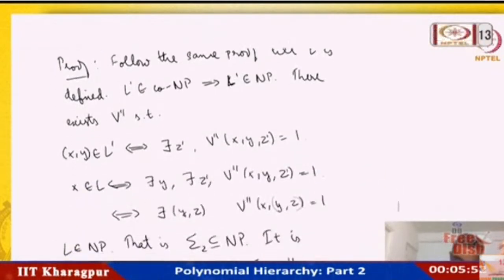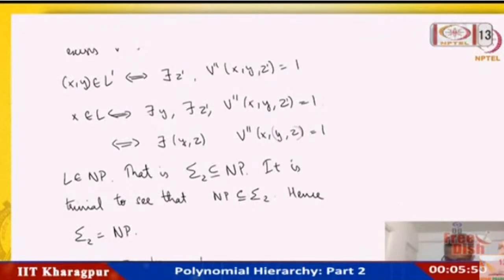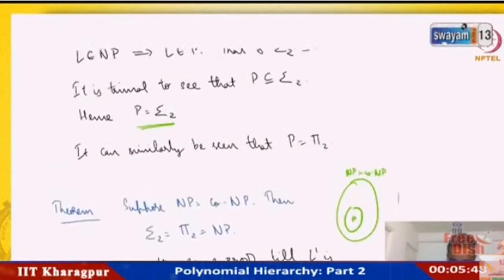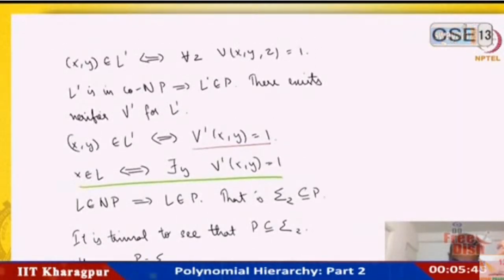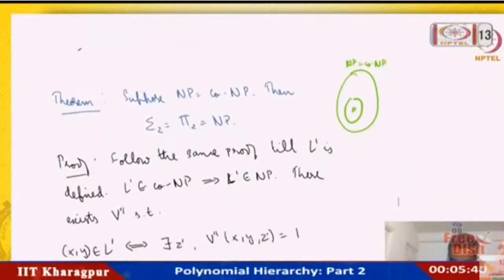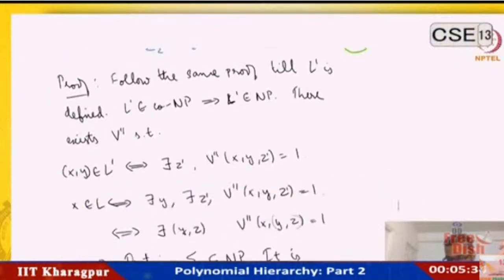The proof is along very similar lines. Nevertheless, I have written it down. Just that over here we use L prime is in co-NP implies L prime is in P. Here we cannot use that. We will say L prime is in co-NP implies L prime is in NP, and NP will give you a there exists quantifier.